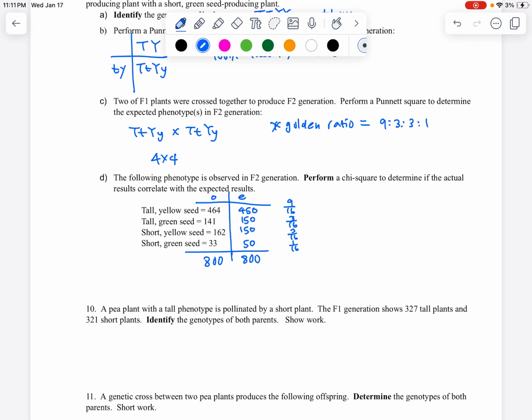Okay, so now let's do the chi-square calculation. The chi-square formula goes observed minus expected, squared, divided by expected, summation. So you're going to set up the chi-square calculation for all 4 of these rows here. So I'm going to do that really quickly.